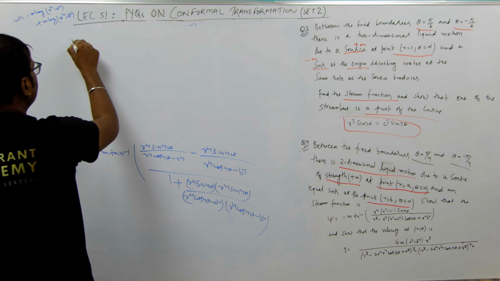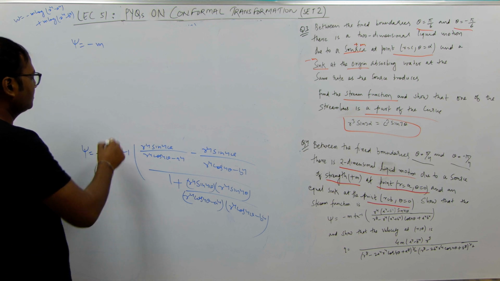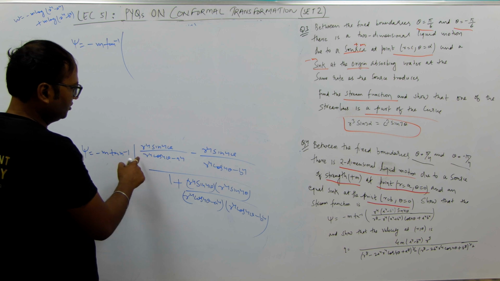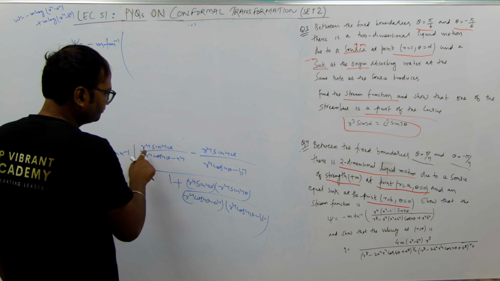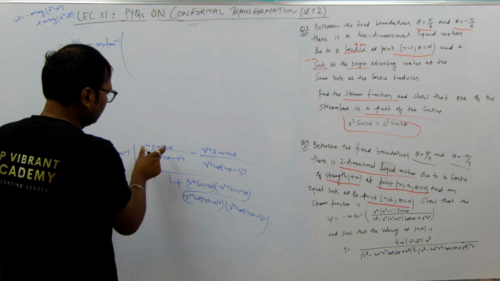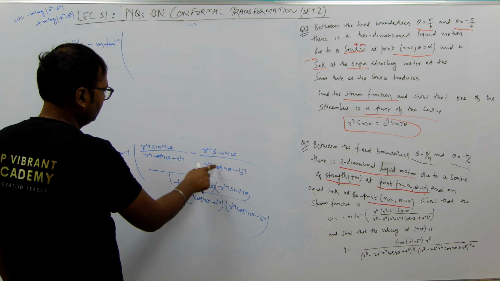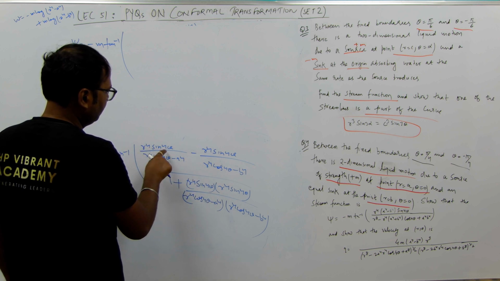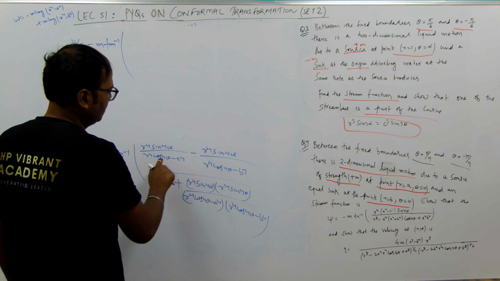Look, this is r4 sin 4 theta into r4 cos 4 theta, which is r8 sin 4 theta cos 4 theta, and this is also r8 sin 4 theta cos 4 theta.